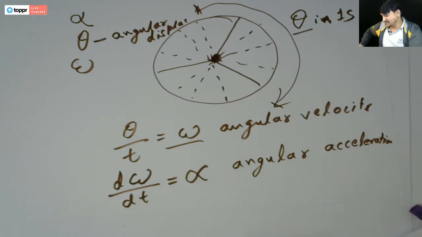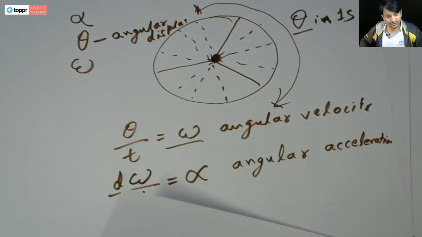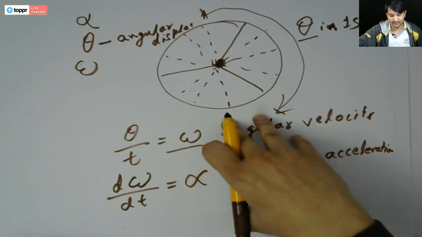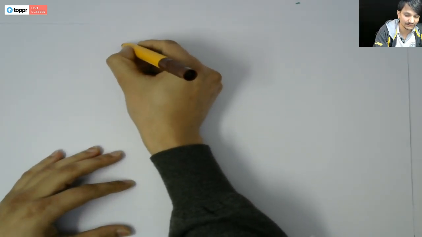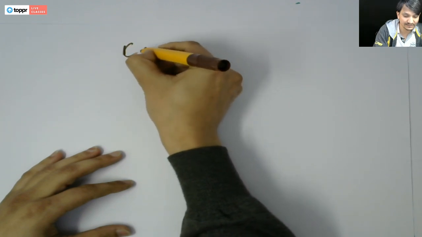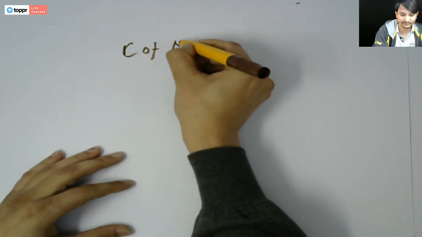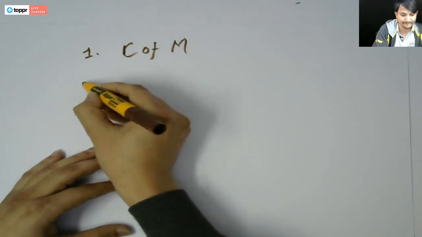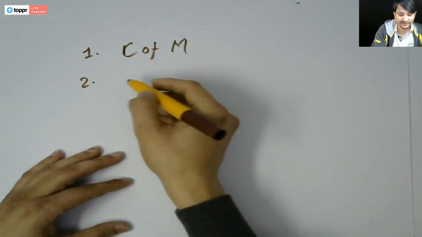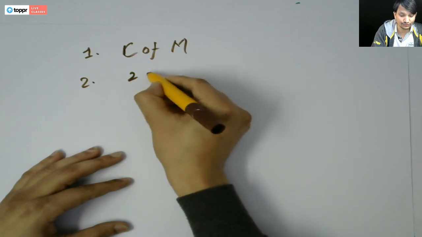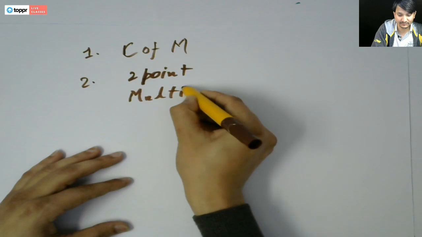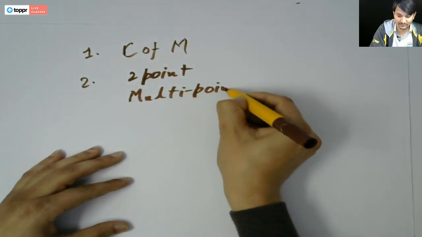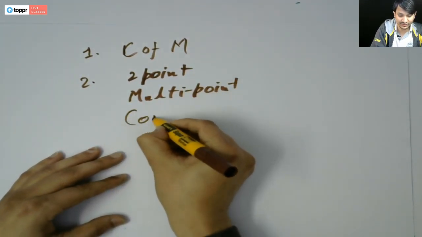So let's summarize and see what we have learned so far. We learned the concept of center of mass in terms of a 2-point system, multiple point system, and a continuous body.